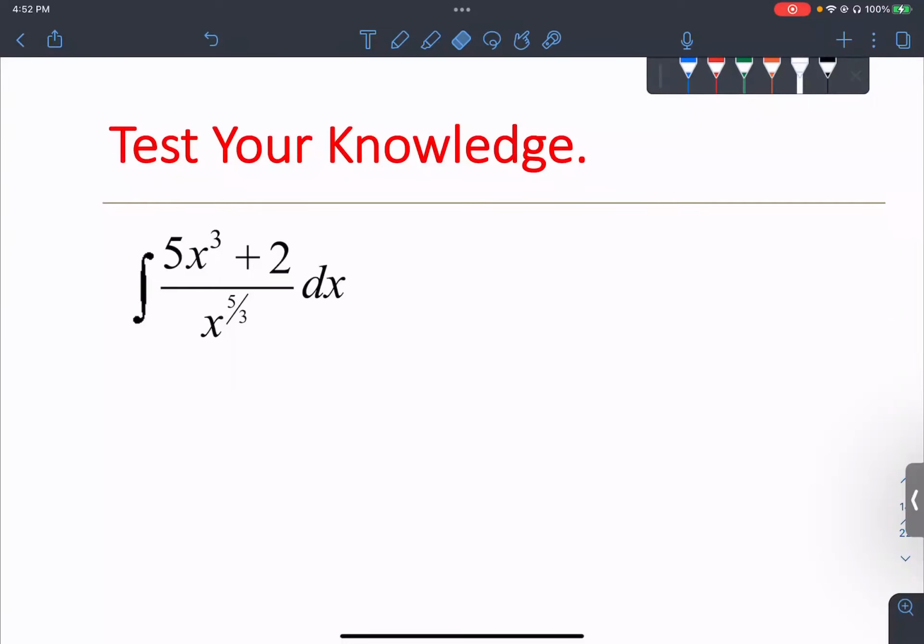So remember, whenever we are dividing terms with the same base, we subtract the exponents. So what we do here would be, first, 3 minus 5 over 3.